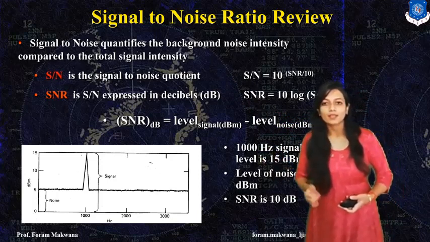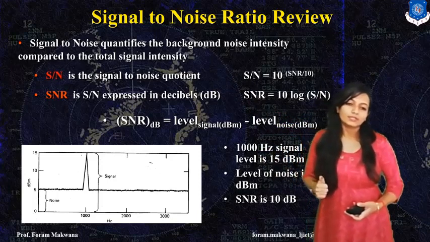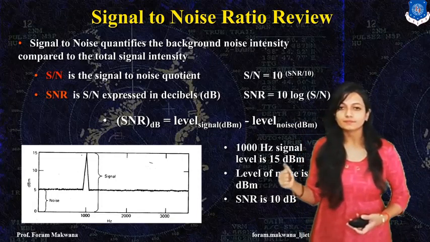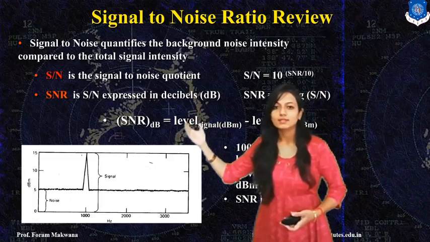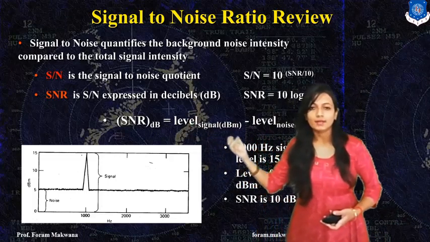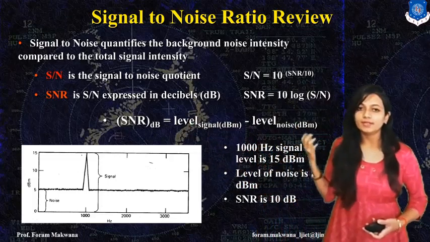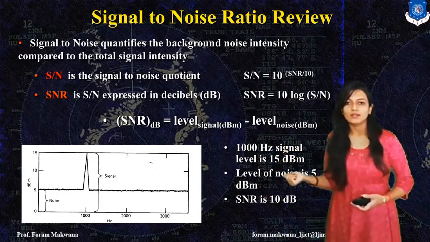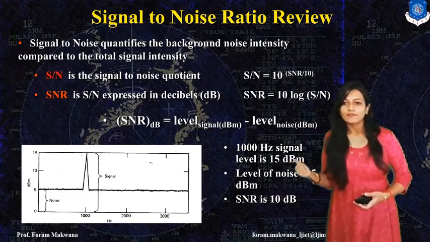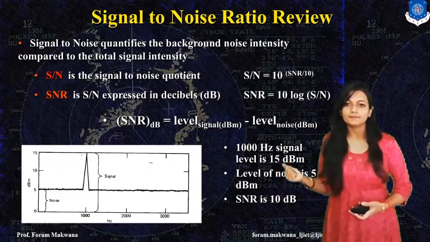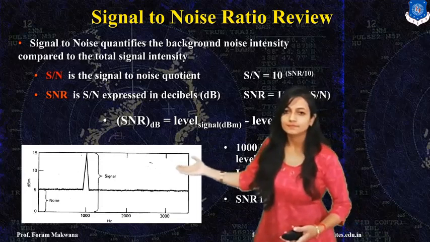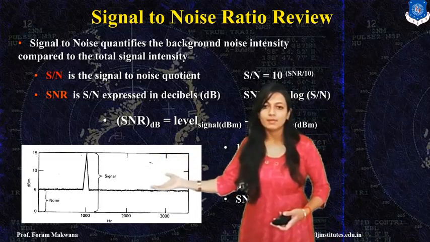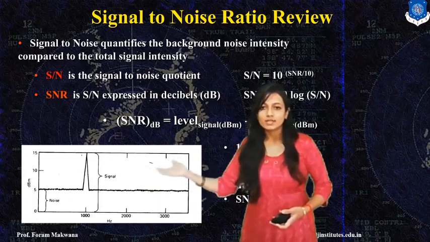Right? If you need to calculate the signal to noise ratio in dB, it is nothing but signal power in dBm minus noise power in dBm. Right? So the 1000 Hz signal level has 15 dBm from this diagram. This 15 dBm represents the signal power.